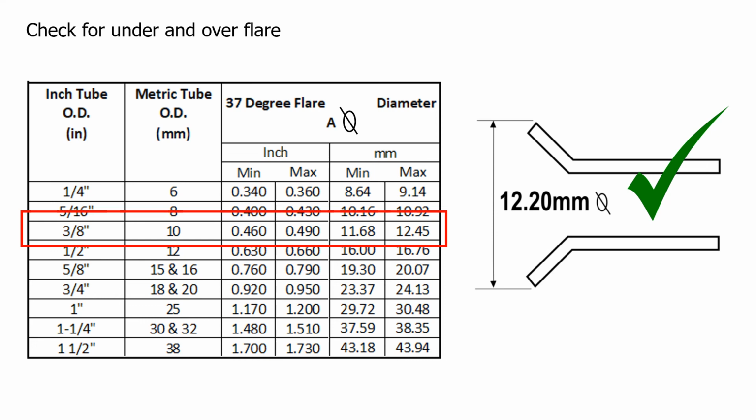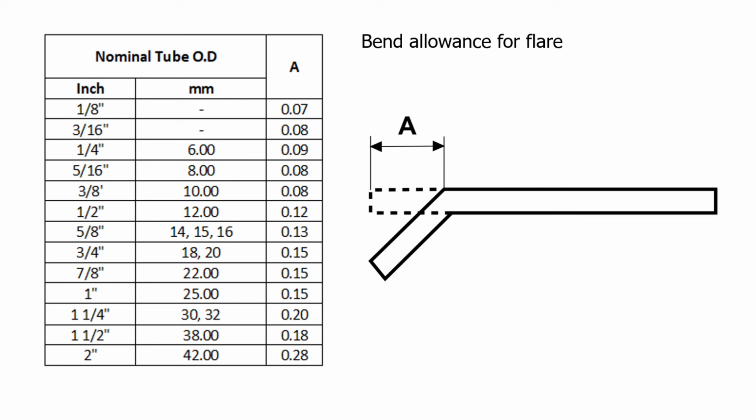We can see here at 12.20 millimeters, my flare is within tolerance. Whether we're bending a tube or flaring a tube, we need to consider the bend allowance. It's not surprising that there's a bend allowance for the flares also.